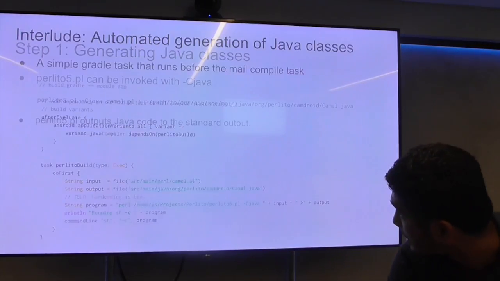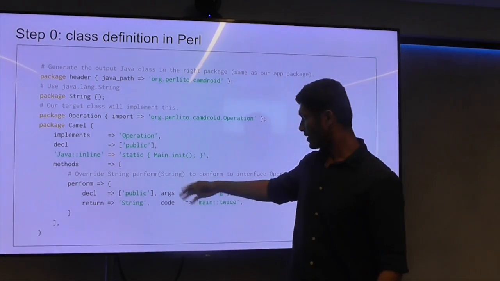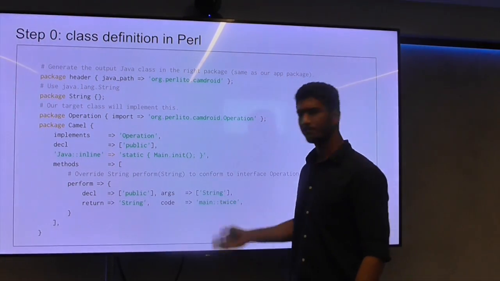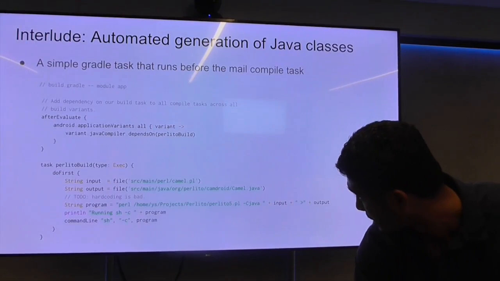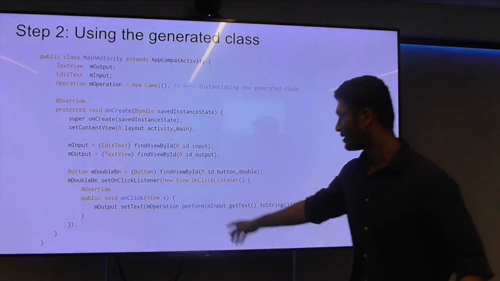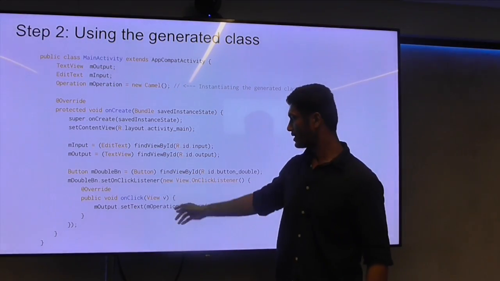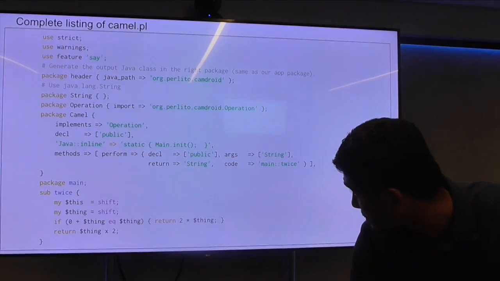Now, if you remember, we just specified perform to be just a proxy to our Perl subroutine. So in the end, what we are saying is call that subroutine, get the input from the user and show the output.